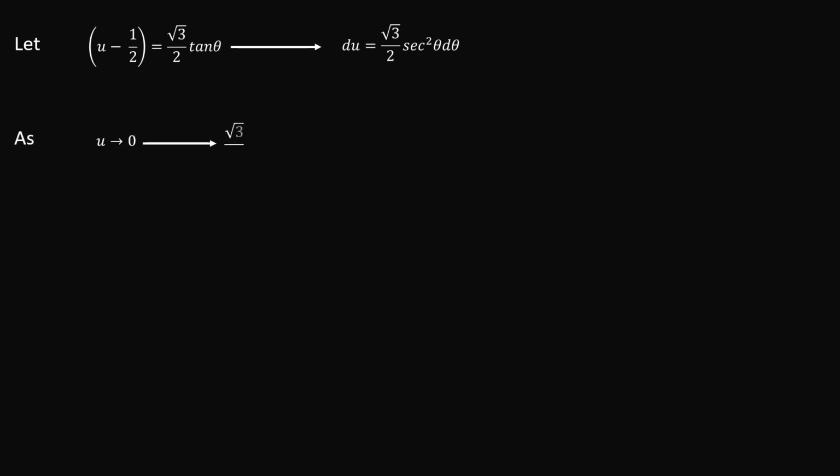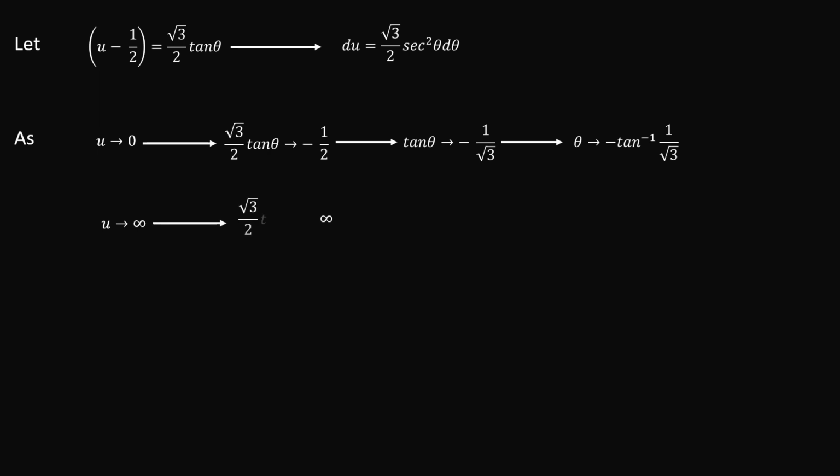And again, transforming the limits would mean that the lower limit theta tends to negative arctangent of 1 over root 3, and in the upper limit, as u tends to infinity, theta tends to pi over 2.